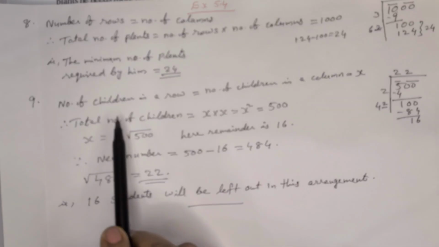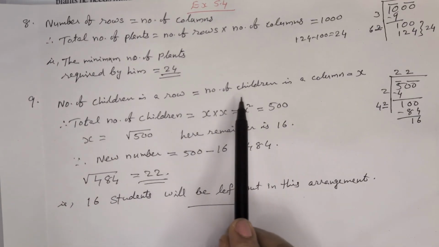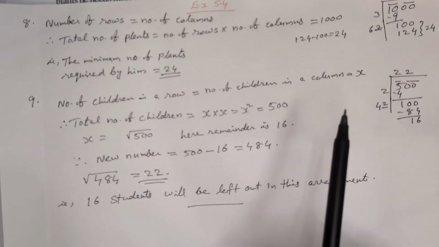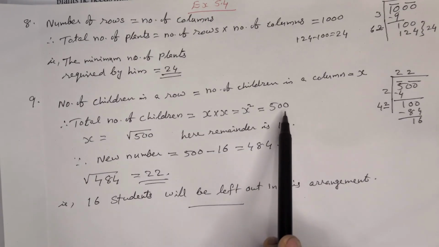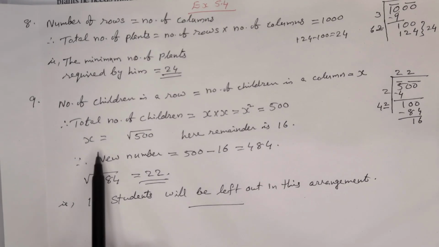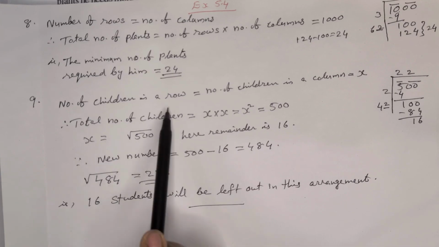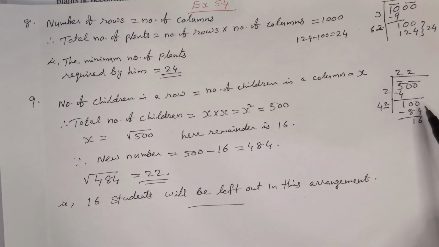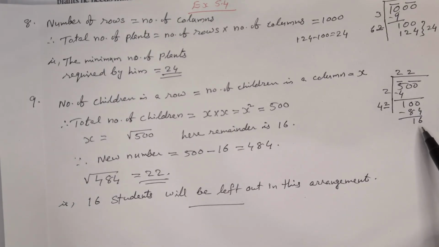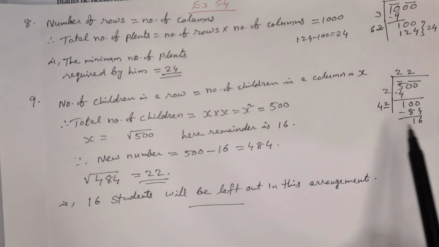Here, total number of children in a row is equal to number of children in a column, that is X, both as X. So total number of children is equal to X square, that is given as here 500. To find the number of children in a row, that means X, root of 500. When we are finding the root of 500, we can see 16 children are left, or 16 is the remainder.